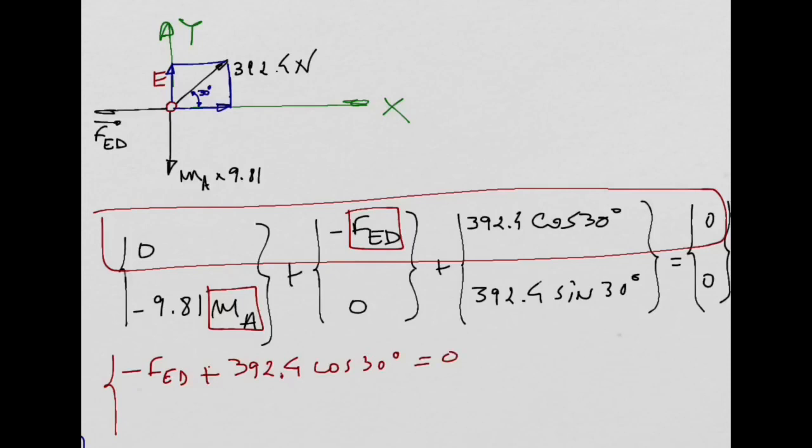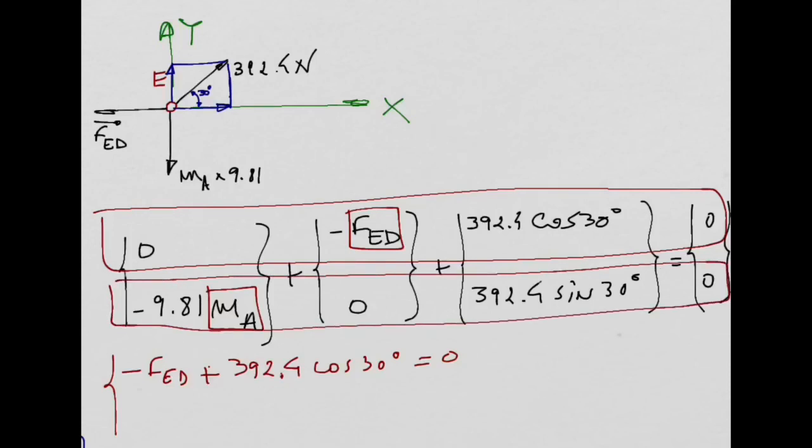First equilibrium equation. The second equilibrium equation is the vertical components of the resultant of the forces, which is minus 9.81 times the mass of cylinder A plus 392.4 sine of 30 equal to 0. Okay?